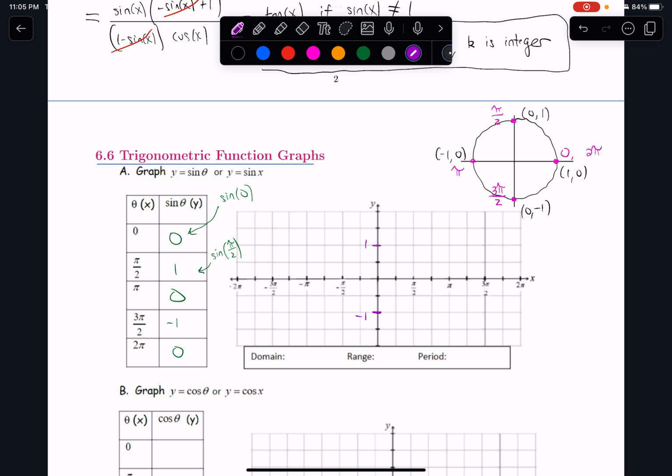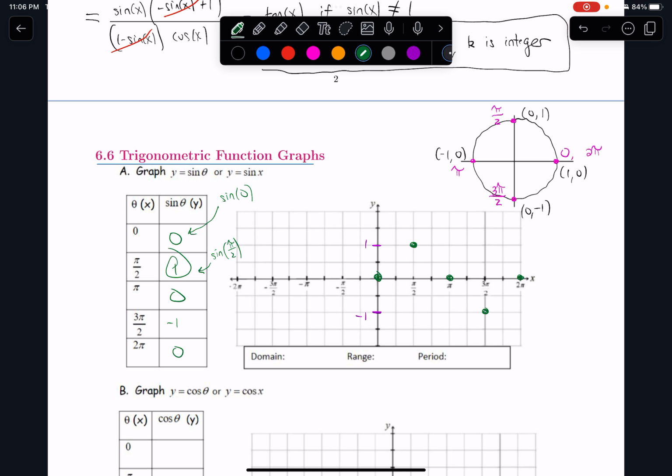Now if I plot some points, when x is 0, my y value is also 0, so I'm plotting the point (0, 0). When x is pi over 2, the y value is 1. When x is pi, the y value is 0. Then 3 pi over 2, negative 1 would be over here. Finally, 2 pi, 0, is there.